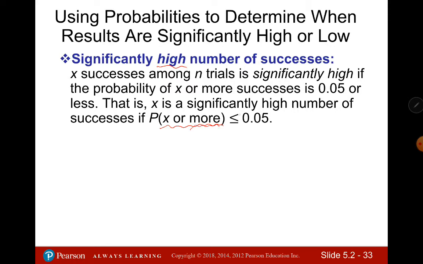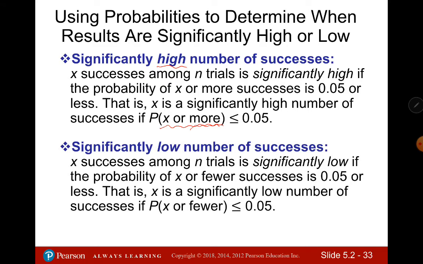But no matter whether significantly high or significantly low, it's always less than or equal to 0.05, which means the probability should be very small. For significantly low, it is still not the single x value's probability. It should be the sum of several values, x or even smaller than x. But the probability is still very small.